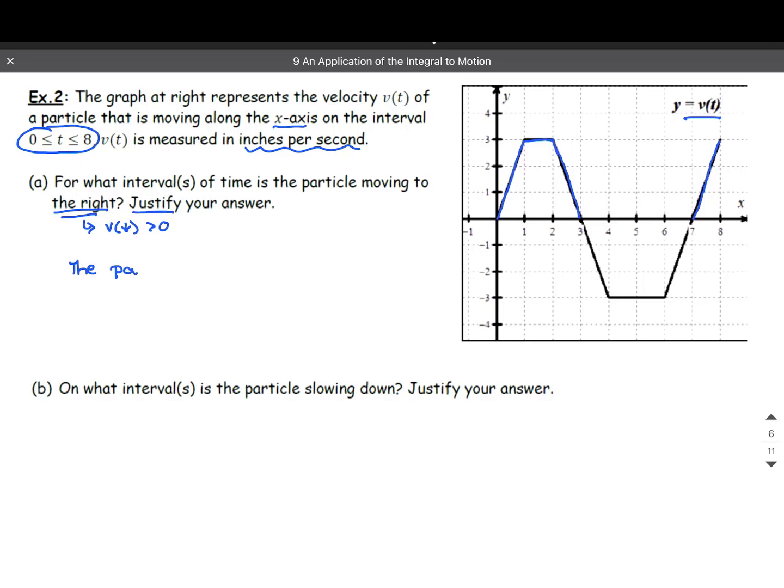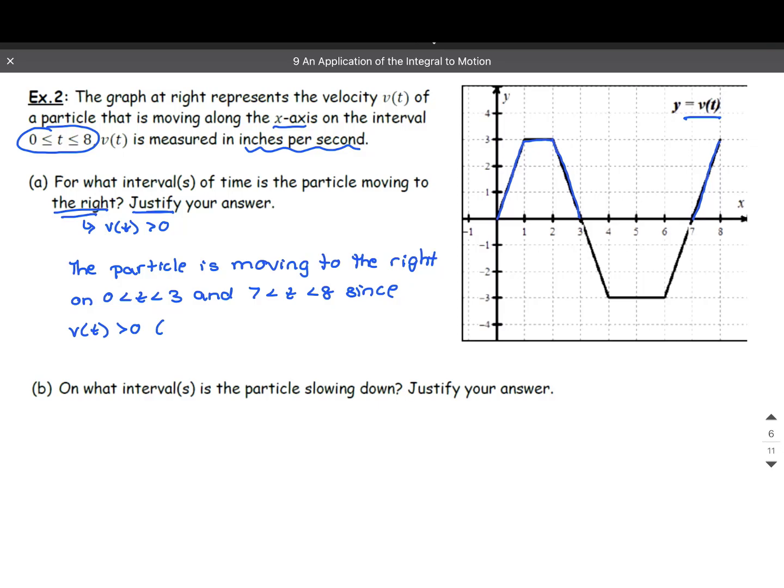The particle is moving to the right on 0 less than t less than 3 and 7 less than t less than 8, since v of t is greater than 0, or if you would prefer to write, since velocity is positive. And in this case, it doesn't have to be equal to 0 because we're not looking for when it's stopped. All right, next up.